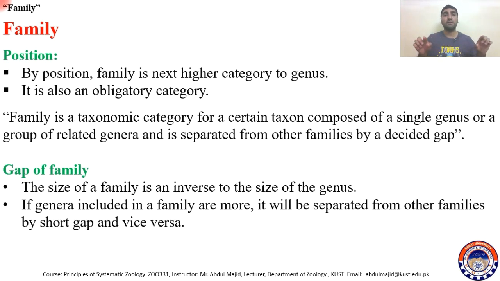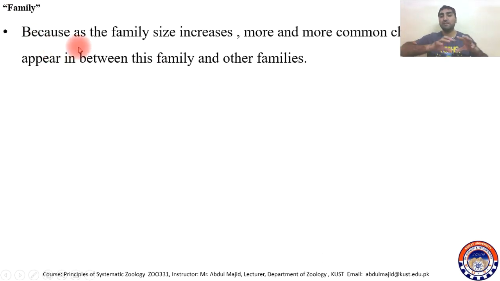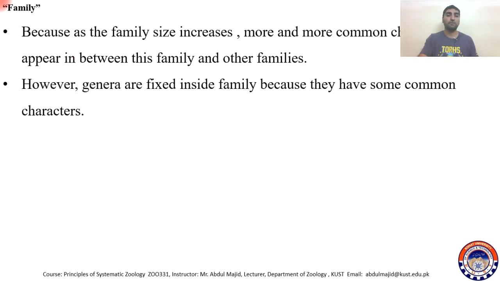So with a huge family, the gap will decrease, because as the family size increases, more and more common characteristics appear between this family and the other families. However, the genera are fixed inside a family, because every genus has its own common and different characteristics from other genera inside a family.